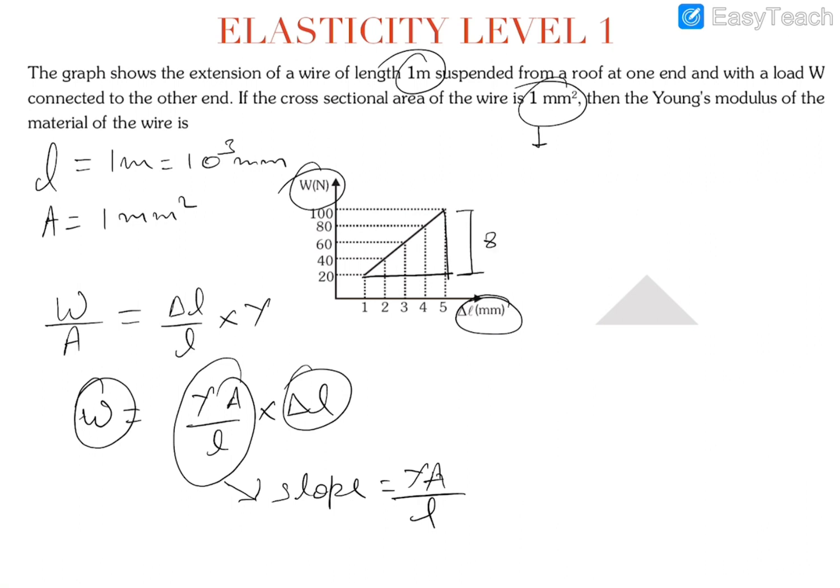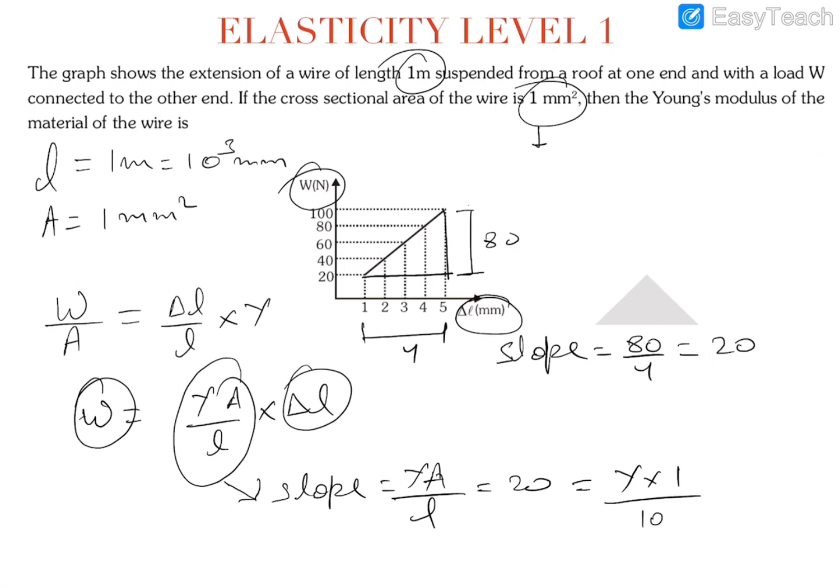This y is 100 minus 20, which is 80, and this x is 4. So the slope is equal to 80 by 4, which is equal to 20. Now Y is Y, area is 1, and length is 10 raised to power 3. So Y is equal to 2 into 10 raised to power 4 Newton per meter square.